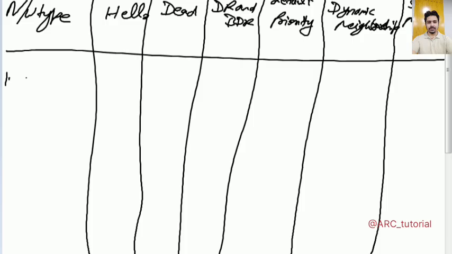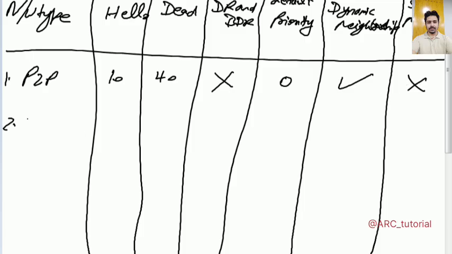First of all, point to point. Hello interval is 10. BDR election will not be there. Default priority is 0. Dynamic neighborship will be formed. Static neighbor cannot be configured. You cannot configure the neighbor statically in case if your network type is point to point. Next is broadcast.